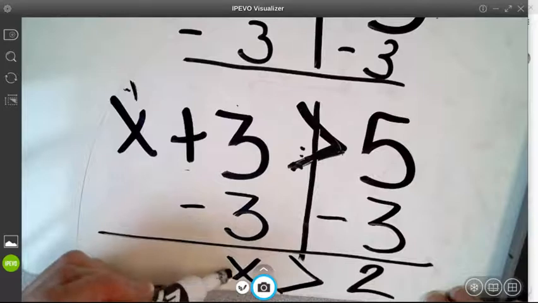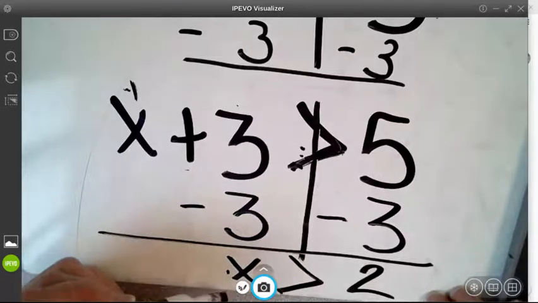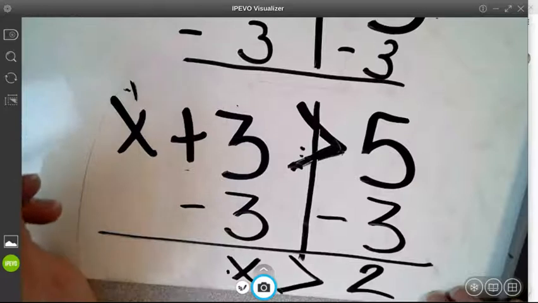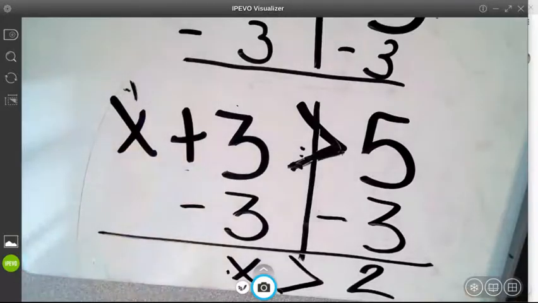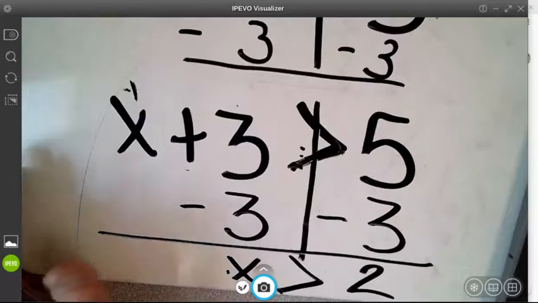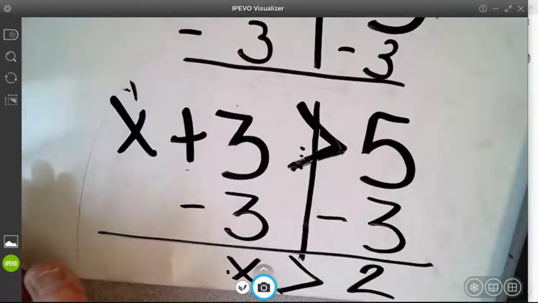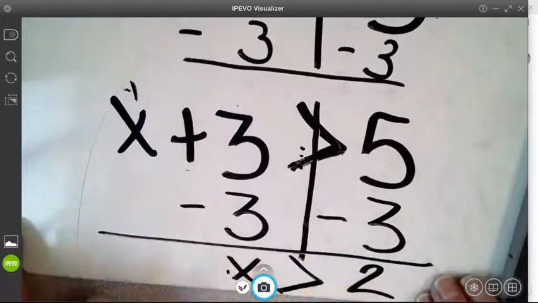So I know I could use any number as long as it was bigger than 2. That would even include 2.5, because that would make the answer 5.5. So that includes even fractions, mixed numbers, and decimals. You don't have to know all those, but just know that your answer would be x is greater than 2.